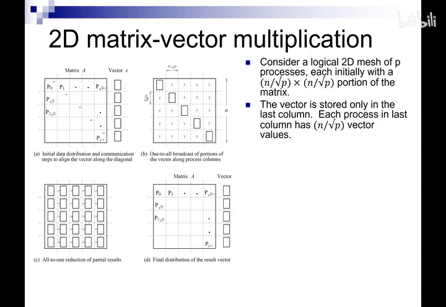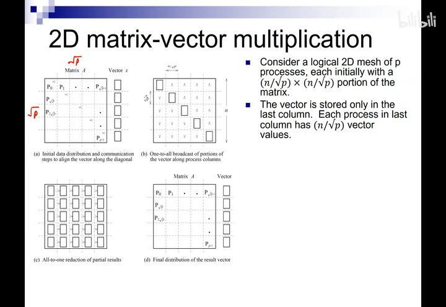Now in this 2D matrix vector multiplication, each processor is only going to store a little square chunk of the matrix. Overall, we're going to have P processors, and we're going to assume they're laid out in a 2D fashion, in a root P by root P grid.